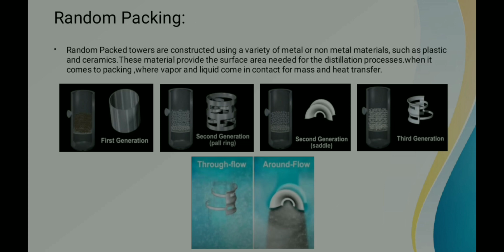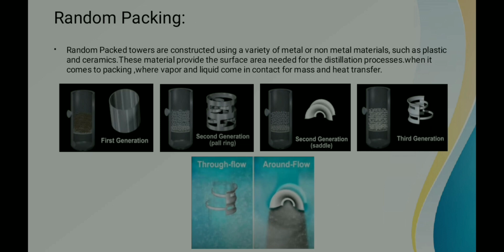The first generation was non-uniform and consisted of cylindrical shapes, such as rings. The second generation was introduced in 1916 to enhance the amount of surface area per volume of packing by including slots, holes, and fingers.